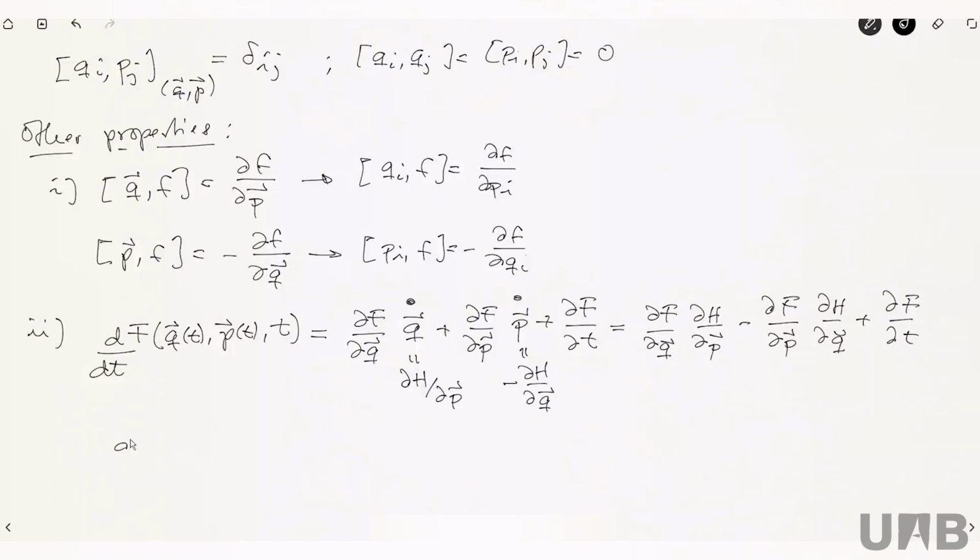So the derivative of f with respect to t is nothing but the Poisson bracket of f with the Hamiltonian plus the explicit time dependence of this function, right?